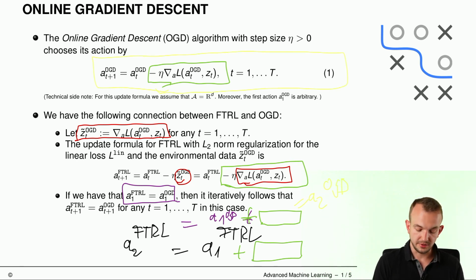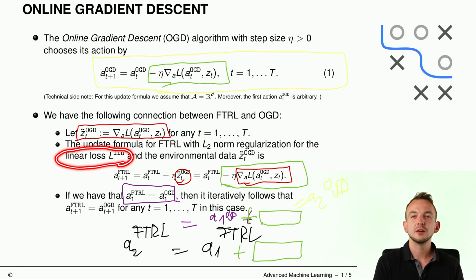From there, it is quite easy to see that all the subsequent actions will coincide, the follow the regularized leader choices and the online gradient descent choices. So if we assume that the environmental data points are these artificial environmental data points, we pretend that we have a linear loss.